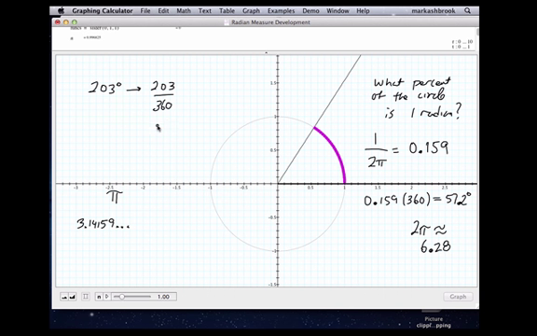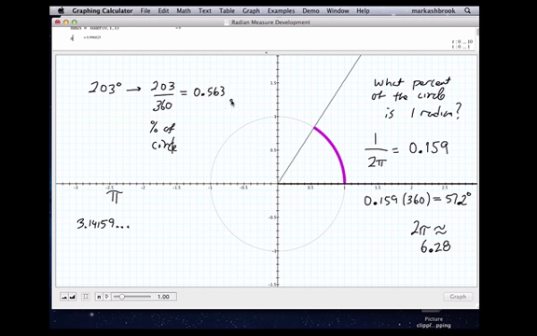Is that a good choice? Yeah, it'll give you the ratio. It gives us percent of the circle, right? So let's get that percent of the circle. 0.563.